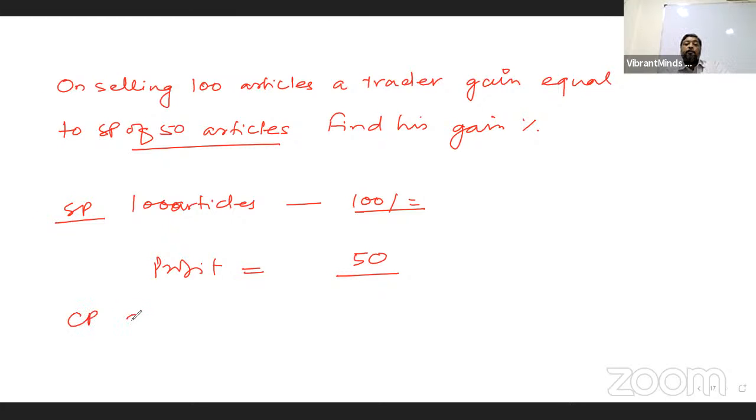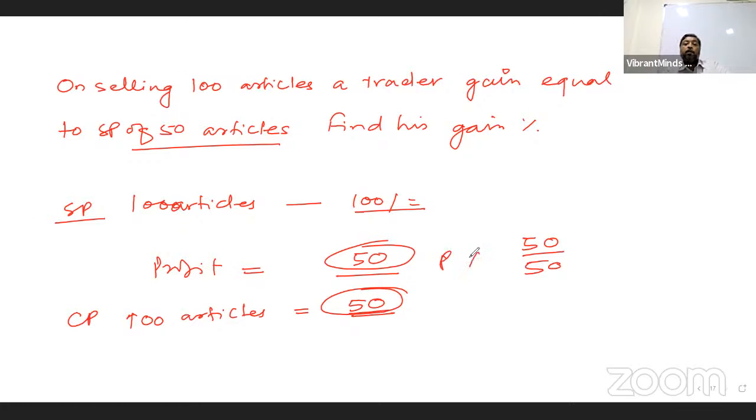Then cost price of 100 articles will be what? Selling price minus profit is cost price. So here what we will get is profit is equal to cost price. That means 50. Profit percent is what? Profit by cost price into 100. And that is 100% profit. Did you get my point? That is 100% profit. Is it clear, everyone?